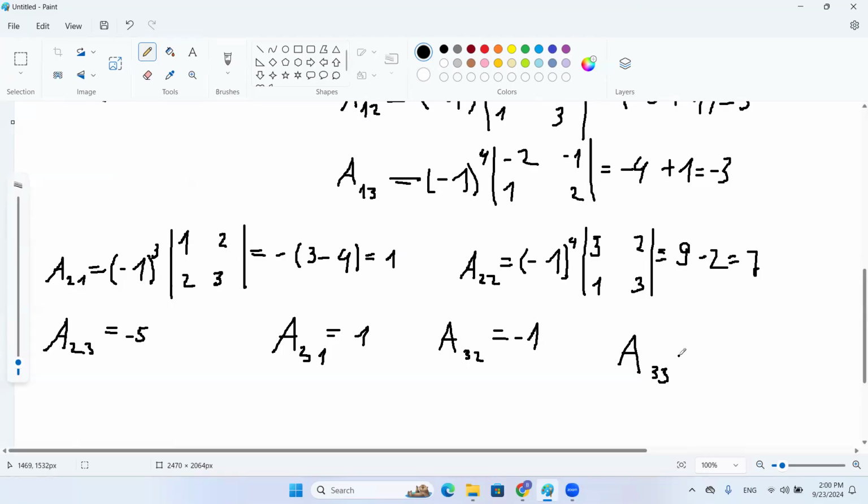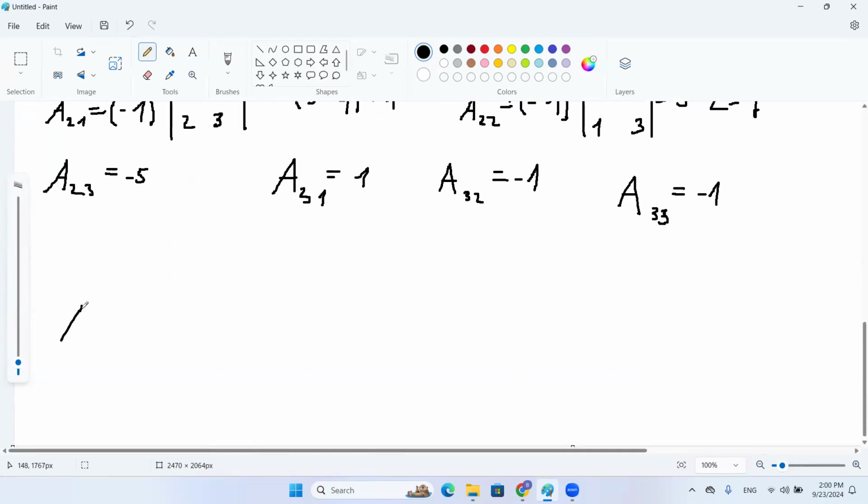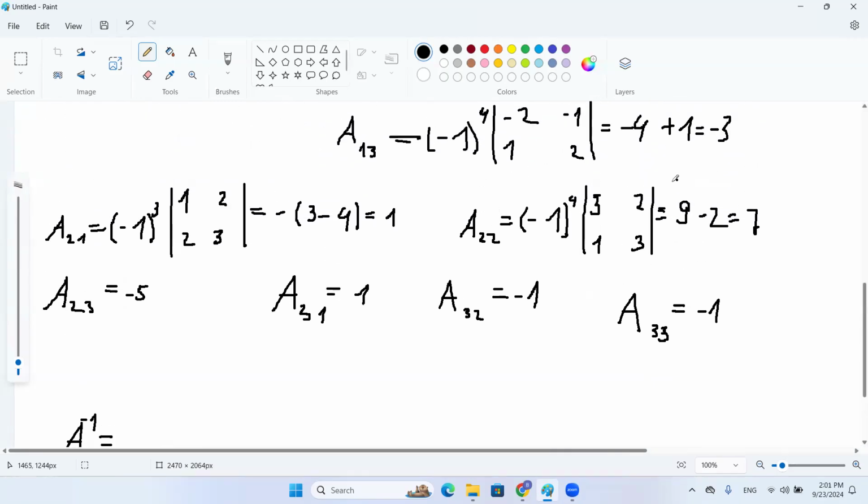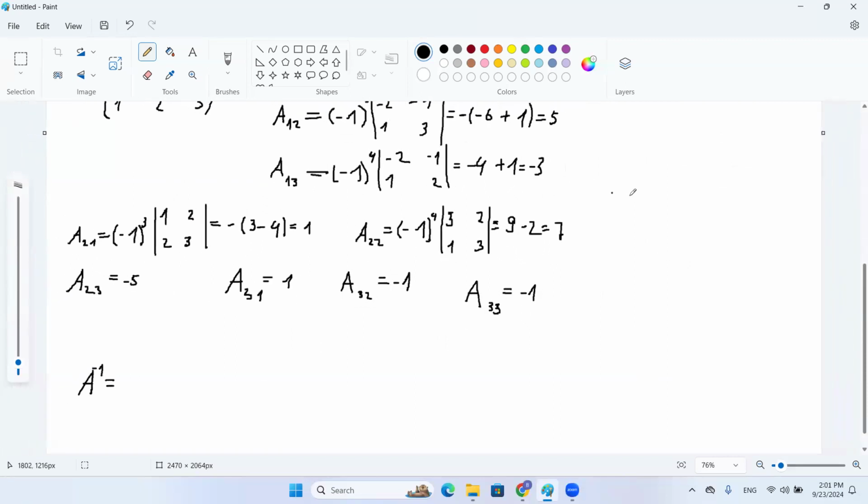And the last one is minus 1. Okay, Adrian, your turn is to name the whole inverse matrix.